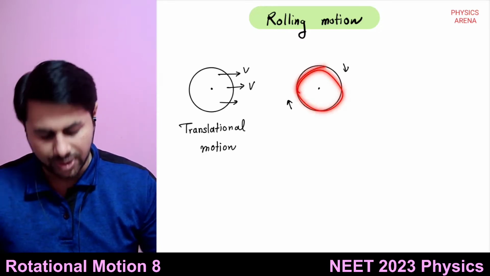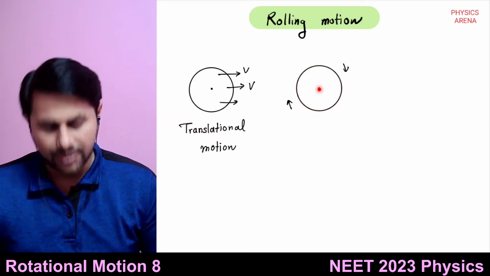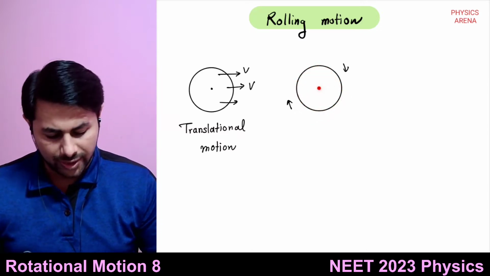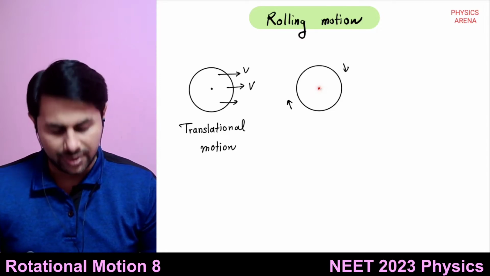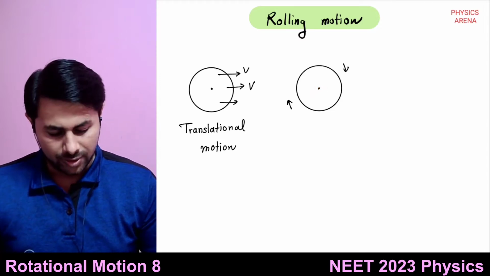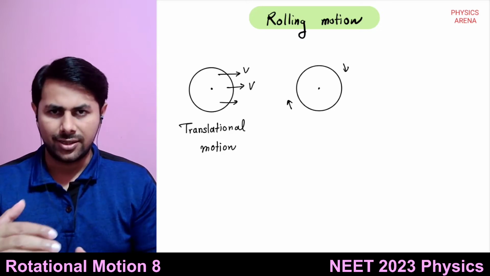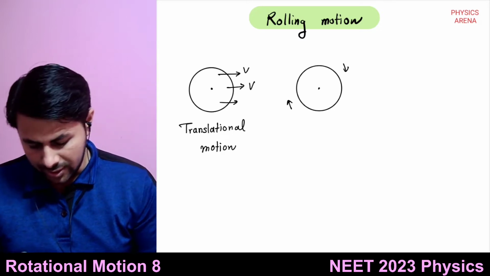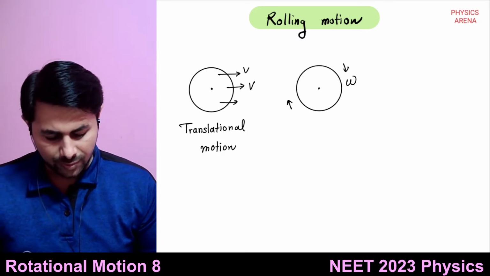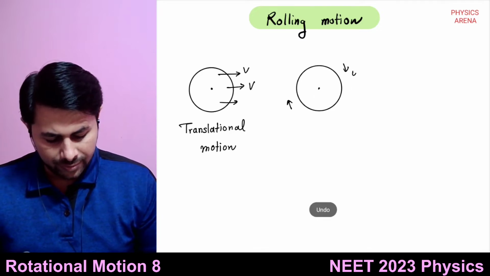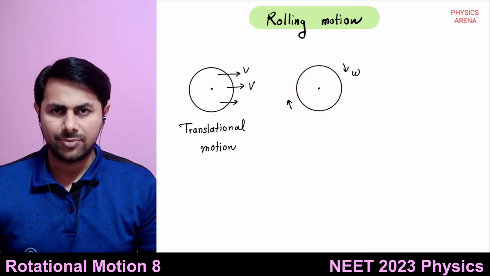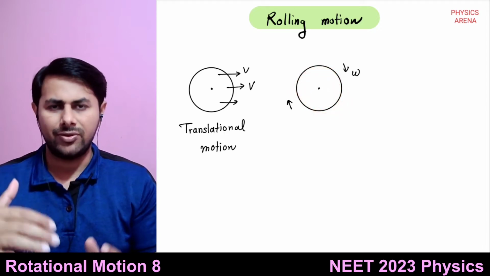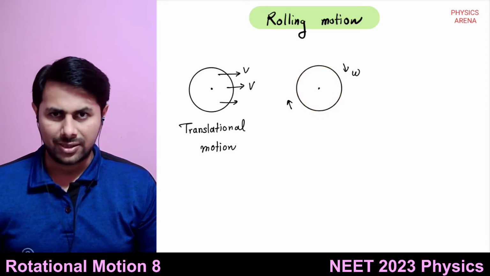Then this is rotational motion. Let's consider this wheel which is rotating about an axis passing through the center of mass, that is the center of the wheel. So it is rotating with some angular velocity, let's call it omega, right? All particles within this body are rotating with angular velocity omega.